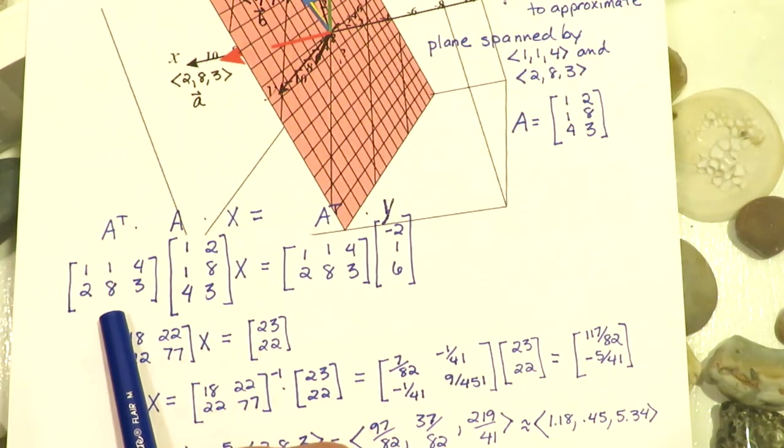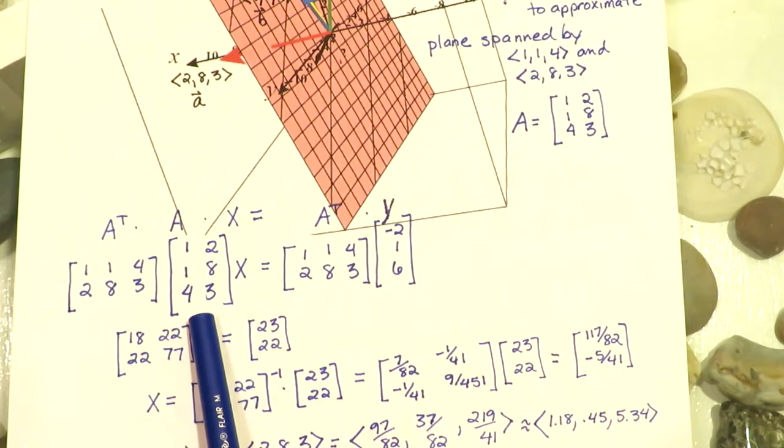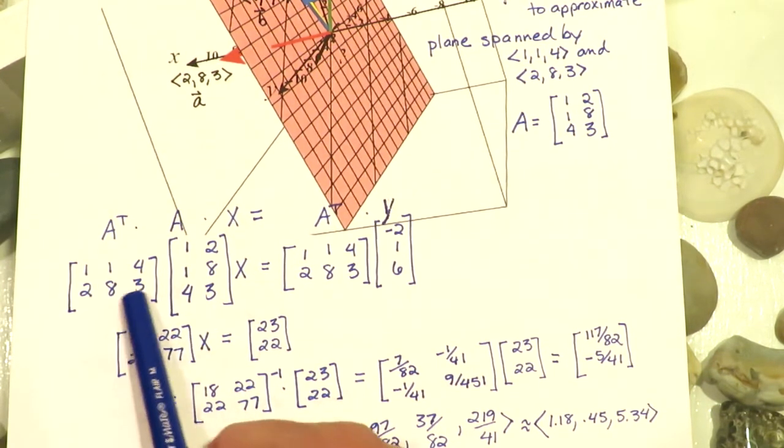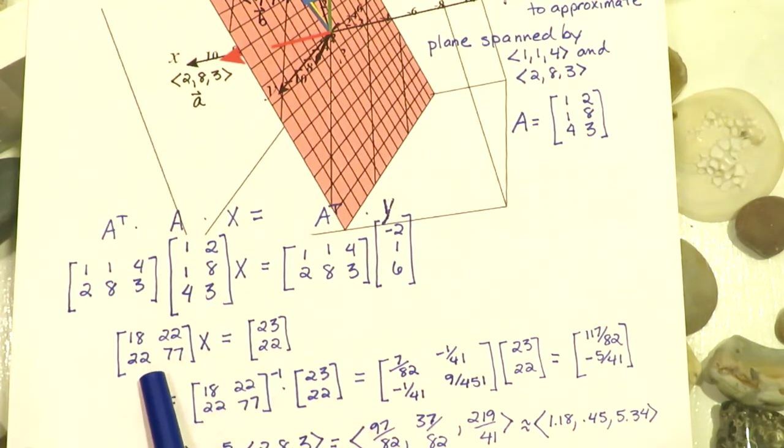This is a 2 by 3, 2 rows, 3 columns. This is a 3 by 2, 3 rows, 2 columns. When you multiply a 2 by 3 by a 3 by 2, you get a 2 by 2. Notice a transpose times the matrix that created the transpose, you're always going to get a square matrix.